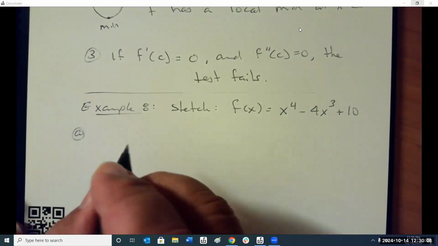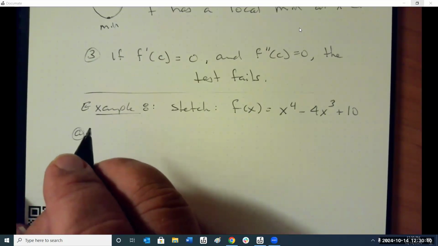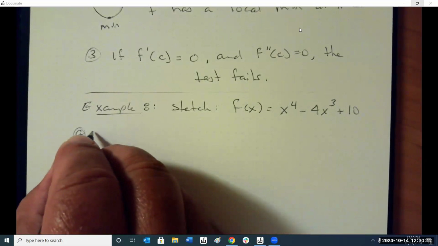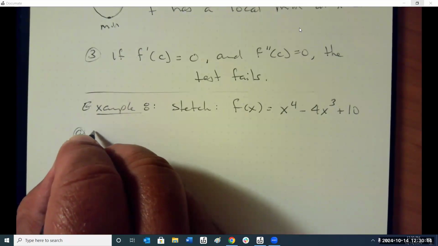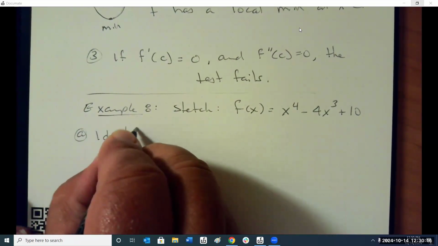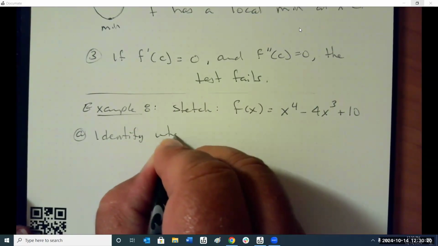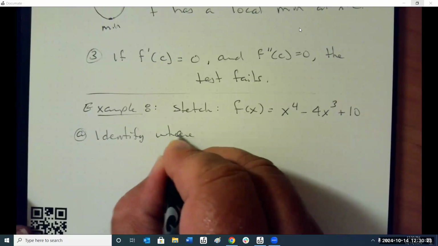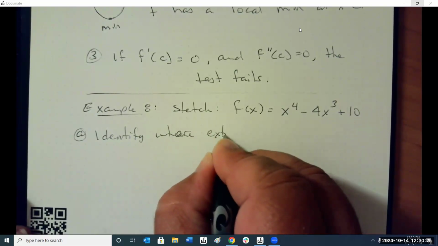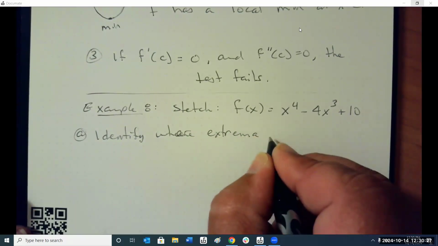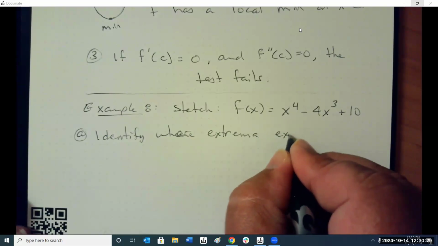Use the following steps. Identify where extrema exist.